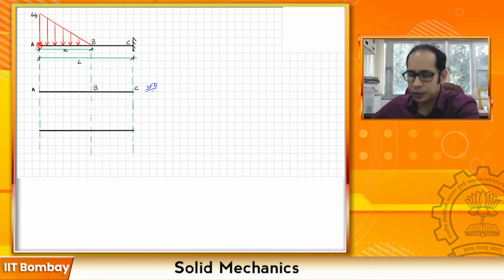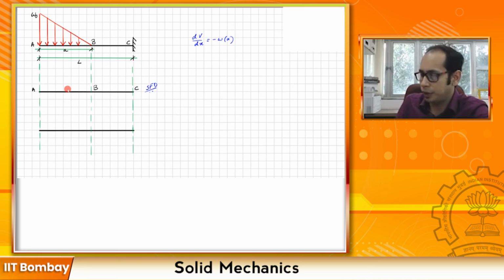Now, as we hypothesized, at this particular point my shear force will be 0. So at this particular point, I will have no shear. Now, let's see how the shear force diagram varies. Let's write down our expression again. We have dV/dx equals minus w, which is a function of x.